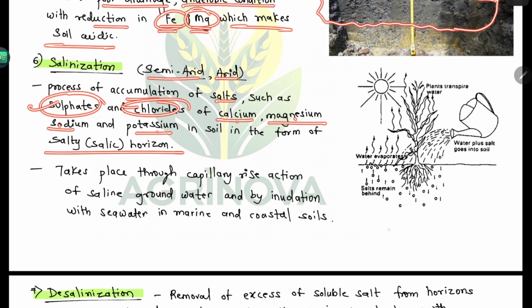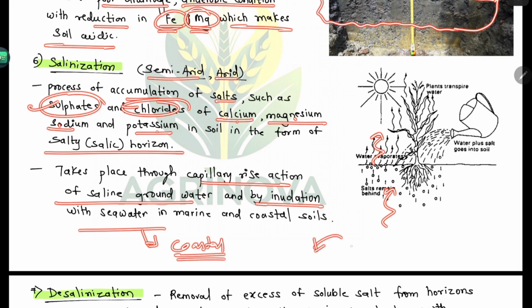It can take place through capillary action or through the process of evapotranspiration, capillary rise of saline groundwater, and by inundation of seawater. Basically it is seen in the coastal areas where the saline seawater meets the river fresh water.